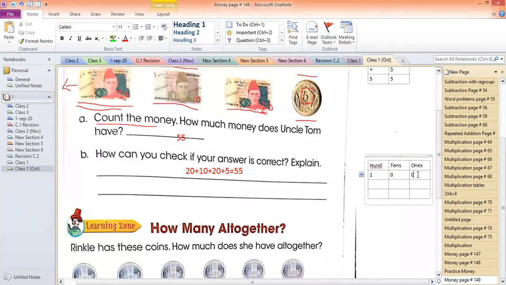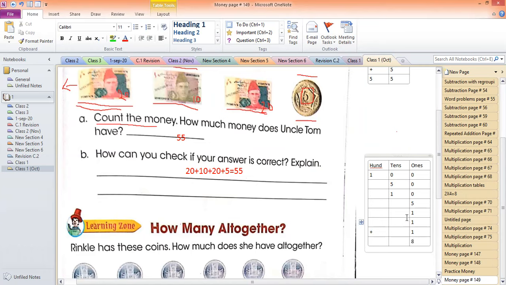You have one currency note of 100 real, one currency note of 50 real, one currency note of 10 real, one currency note of 5 real, and you have three 1 coins. These all are ones. You have to add all of these, guys. Look here. 0 plus 0 plus 0, and 5 plus 1 is 6, 6 plus 1 is 7, and 7 plus 1 is 8. So we will write here 8.